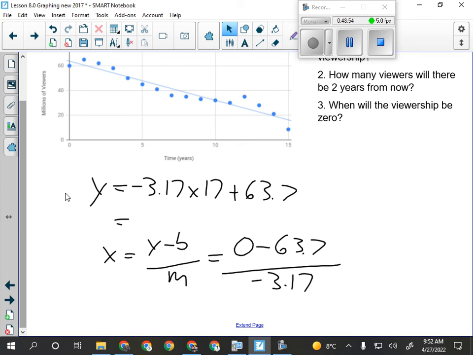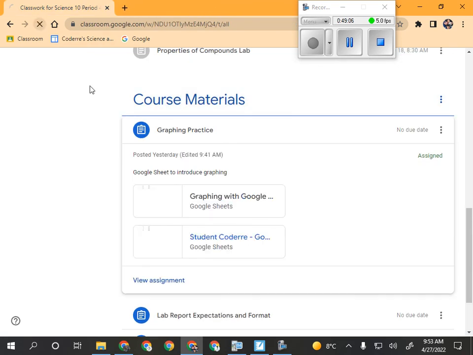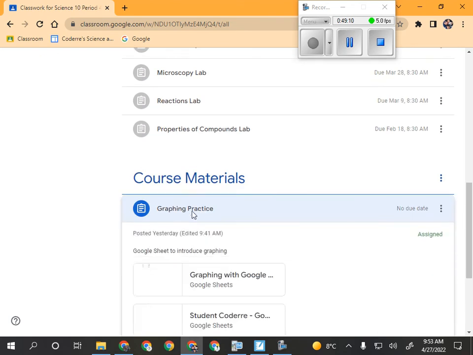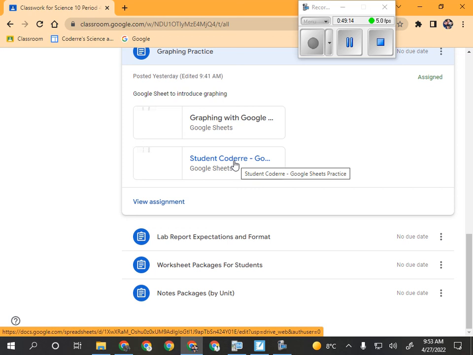All right, if you go back into Google Classroom, I put a different file in there just because I want to show you what this looks like when we have more than one data set. In the graphing practice, you'll see that I added a second file.